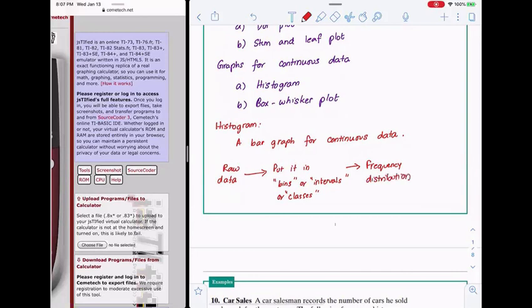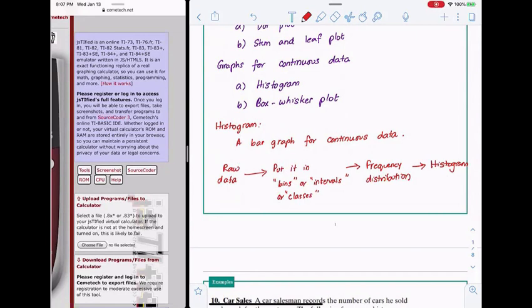And we know from organizing qualitative data that if we have a frequency distribution, we can create a bar graph. So this would result in a histogram. And why don't we call it a bar graph here?